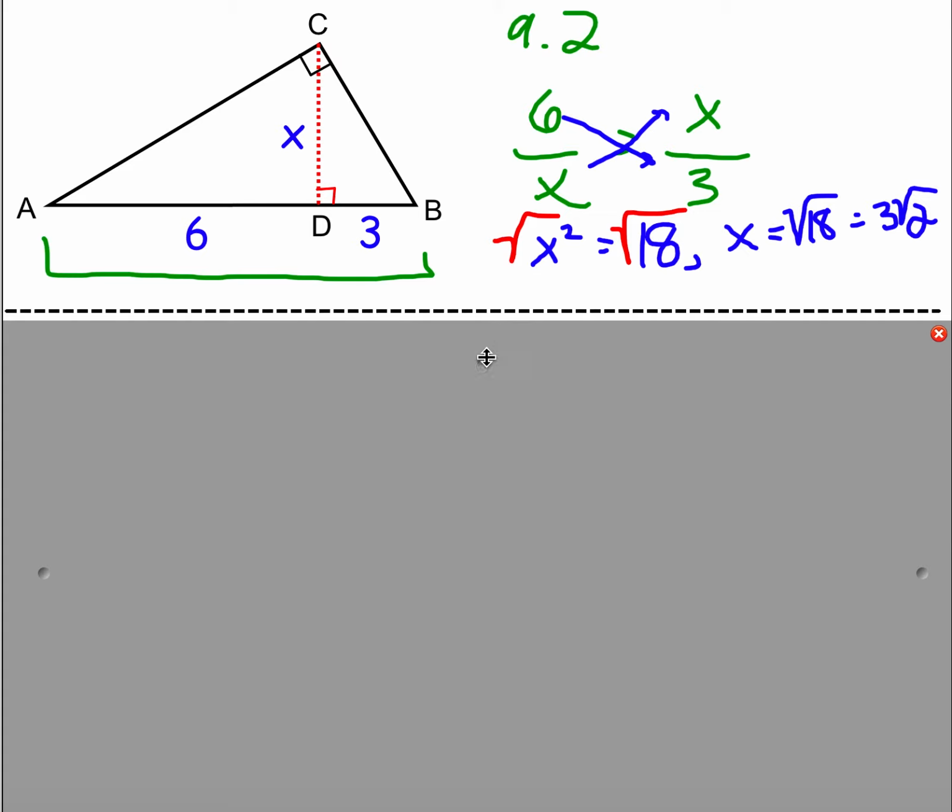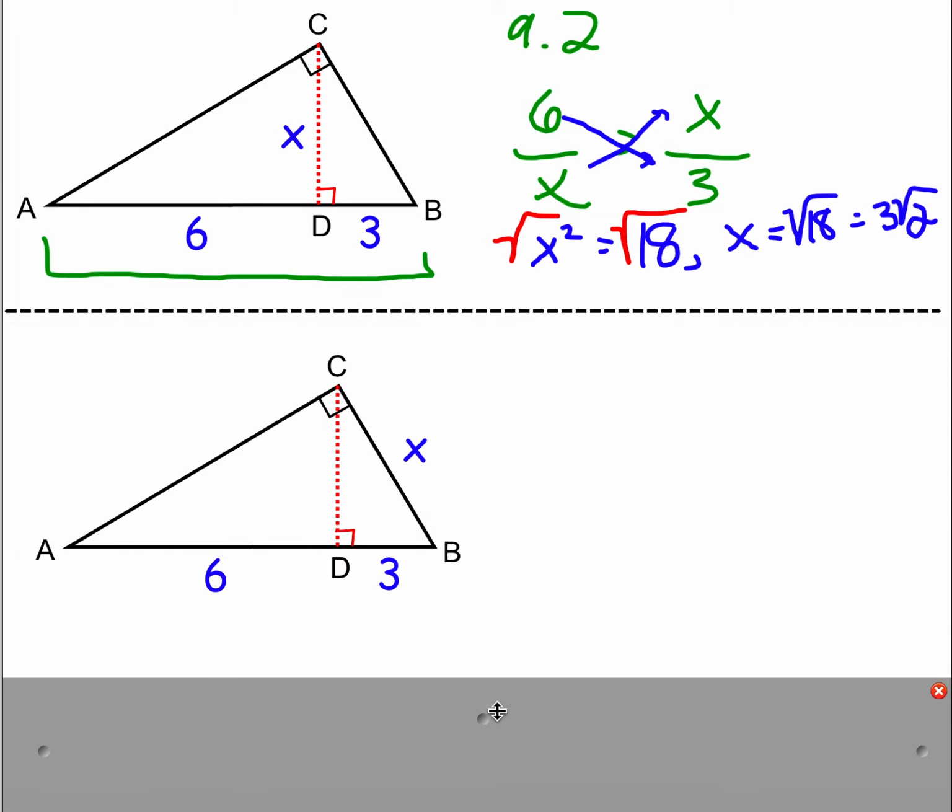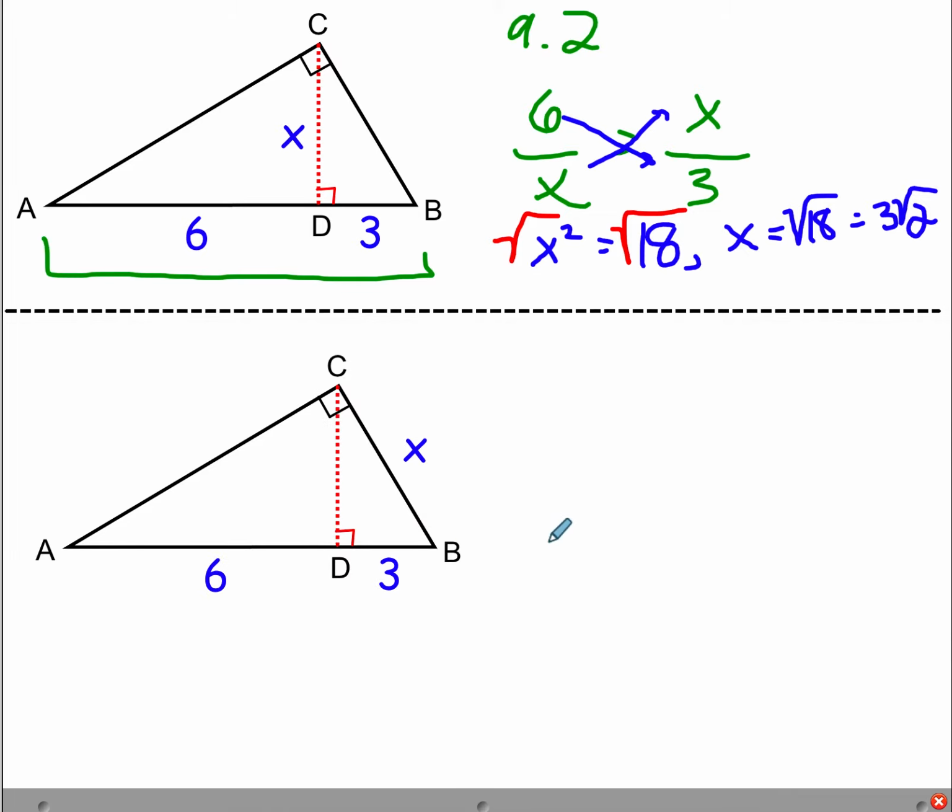Okay, let's try another. All right, here we have to figure out, okay, what theorem are we going to use? This one's going to be theorem 9.3, which remember said that the leg of our original triangle, x, is going to be the geometric mean, so it goes here and here in our proportion again, of the original hypotenuse.